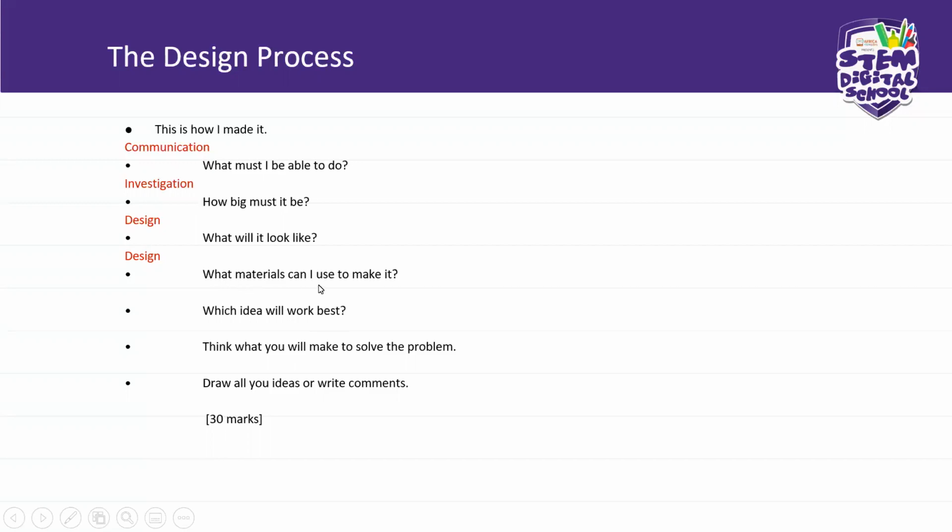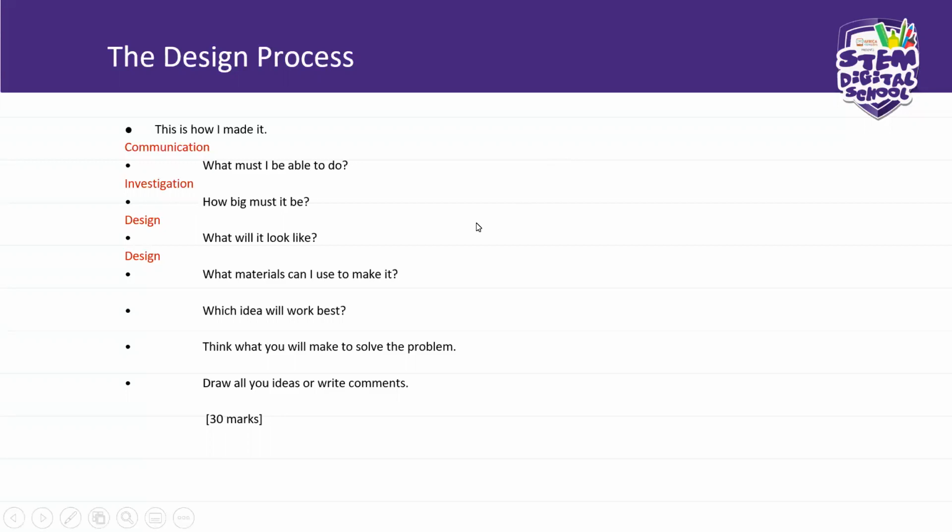Which materials can I use to make it? Where is it that we decide on the materials? Which stage of the design process is it where we decide on the materials? Fizana said design.